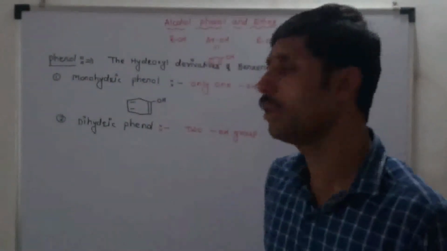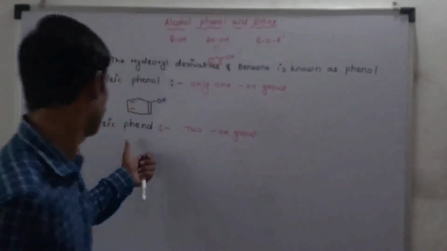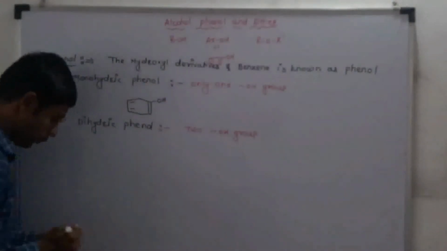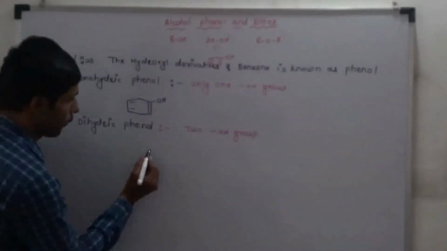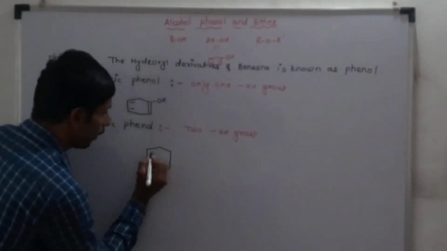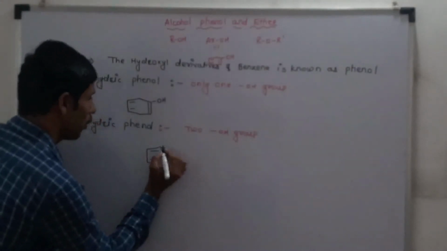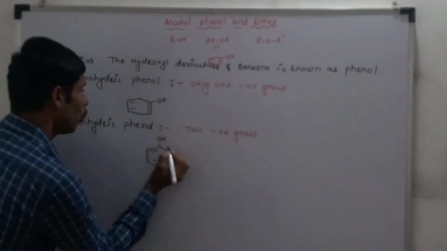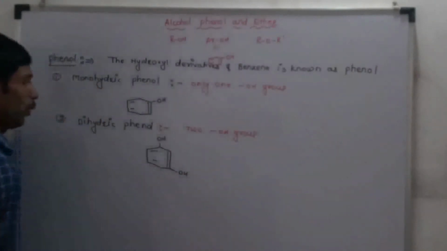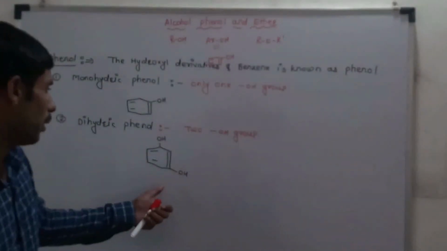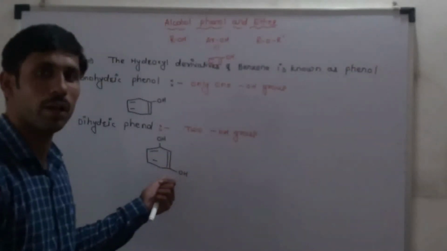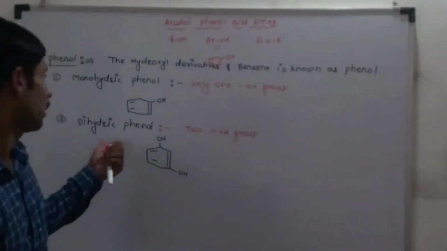What are examples of dihydric phenols? In this structure, two OH groups are directly attached to an aromatic, unsaturated ring.